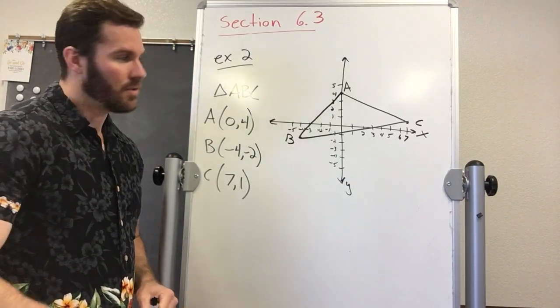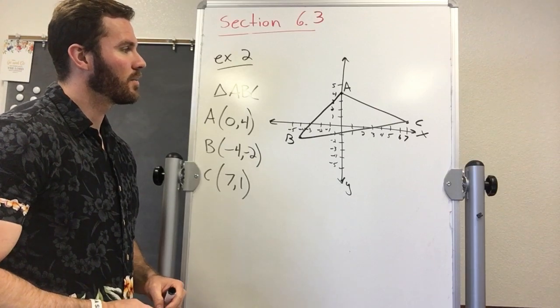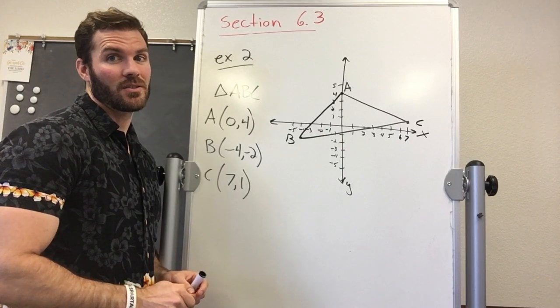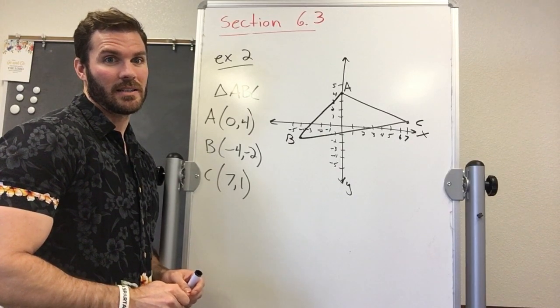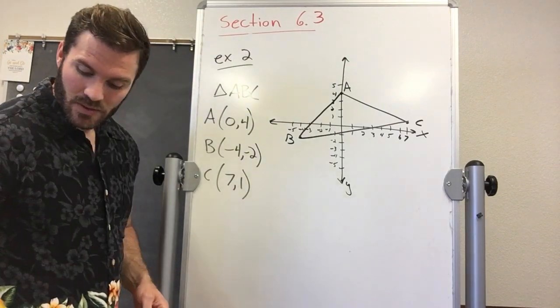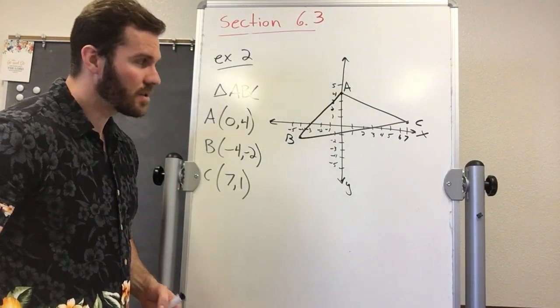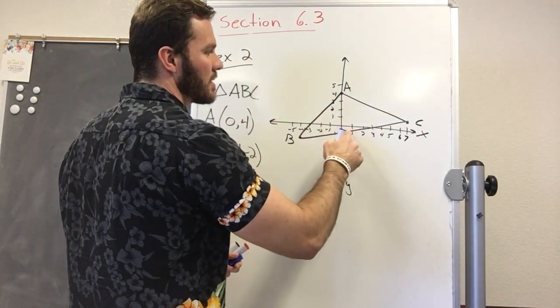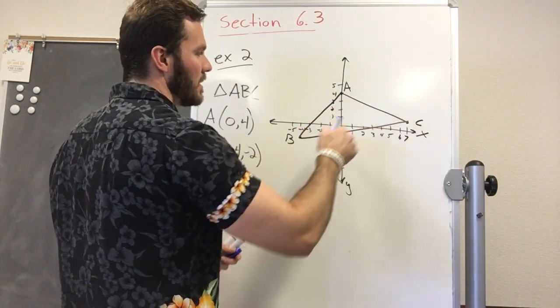Now, if it was perfectly graphed on paper, it'd be much easier to find the centroid. But let's see how well this goes. Let me use a different color. Start from a vertex, and you're going to go to the very center of the other side, and same thing here, and same thing here.